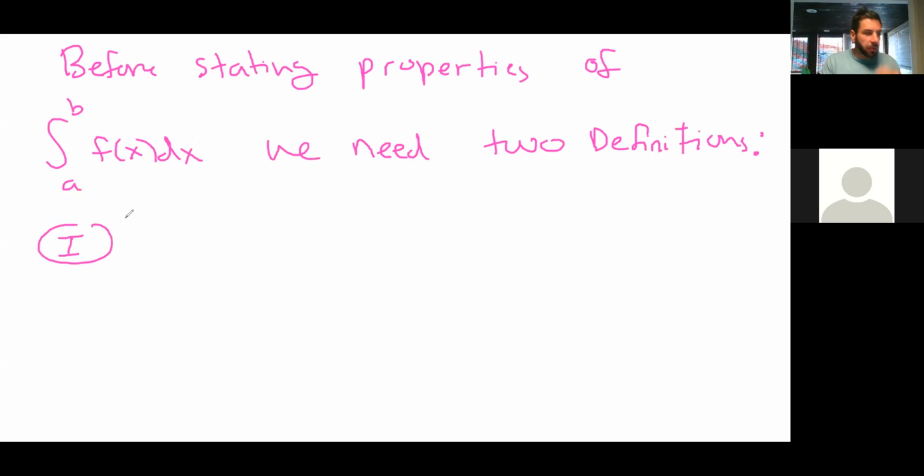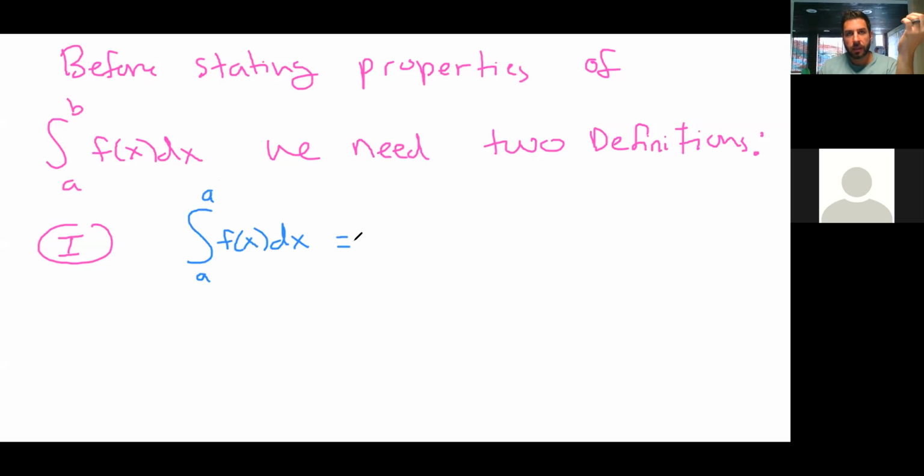The first thing we want to do is ask ourselves, what if a and b are the same number? That is, what if f is some function and someone says, why don't we integrate from a to a of f? Well, essentially, from a geometric perspective, this is asking, what is the area underneath a point?